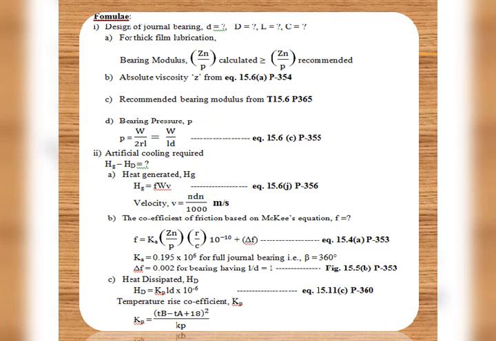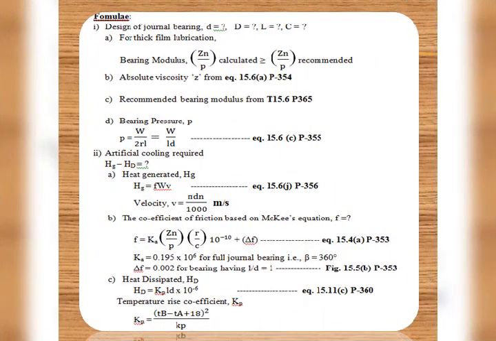So to evaluate these unknowns, we must make use of these equations. For thick film lubrication, one of the conditions is that the bearing modulus, that is ZN by P, what we are going to calculate, is supposed to be higher than or equal to ZN by P recommended. This equation is one of the fundamentals to get the unknowns.